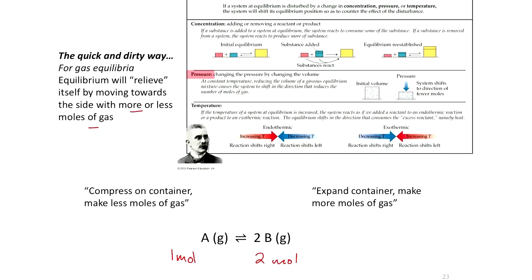So if you squeeze on this container, you increase the pressure inside that container, the equilibrium will want to relieve itself by moving to the side of the reaction with less moles of gas. So if I squeeze on this reaction, which way does it go? Does it go to products or reactants? Reactants, yes, goes this way. You compress on the container, it goes to reactants because there's only 1 mole of gas on the reactant side.